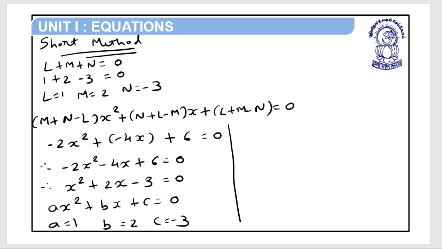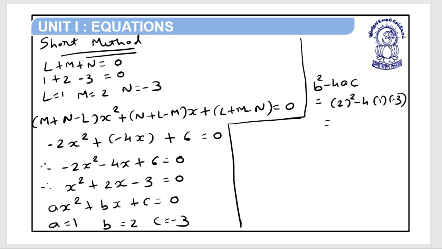Now take b square minus 4ac is equal to 2 square minus 4 into 1 into minus 3. 4 plus 12 is equal to 16. Here 16 is positive.